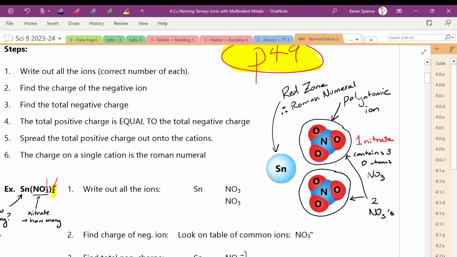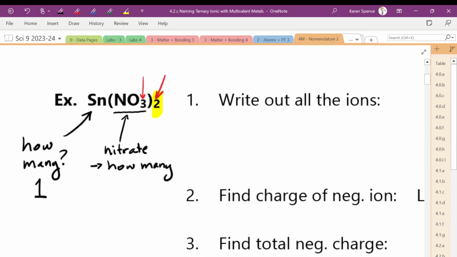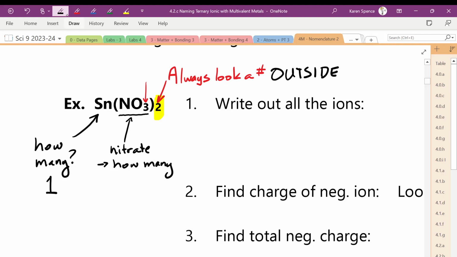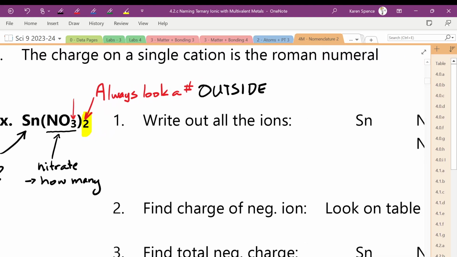Okay, so if we then bop back over to the left-hand side of the page, always look at the number outside of the brackets for how many polyatomic ions.